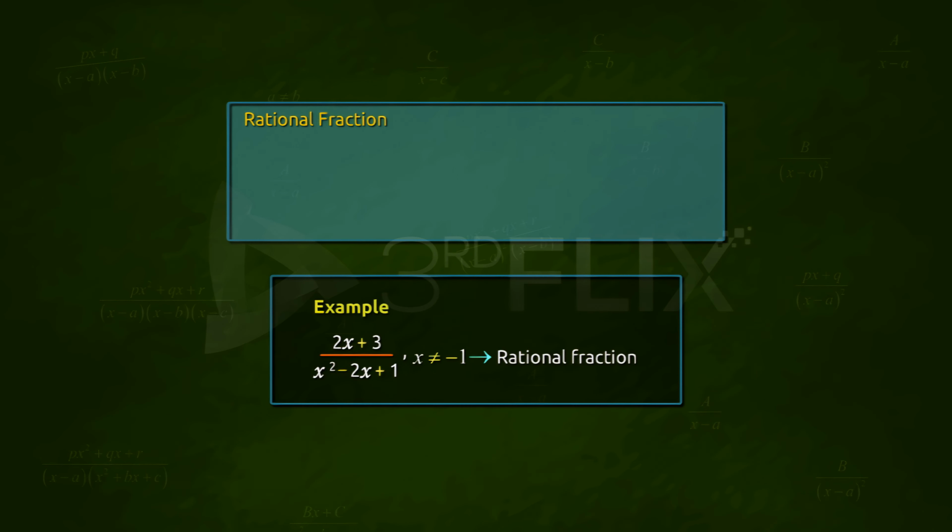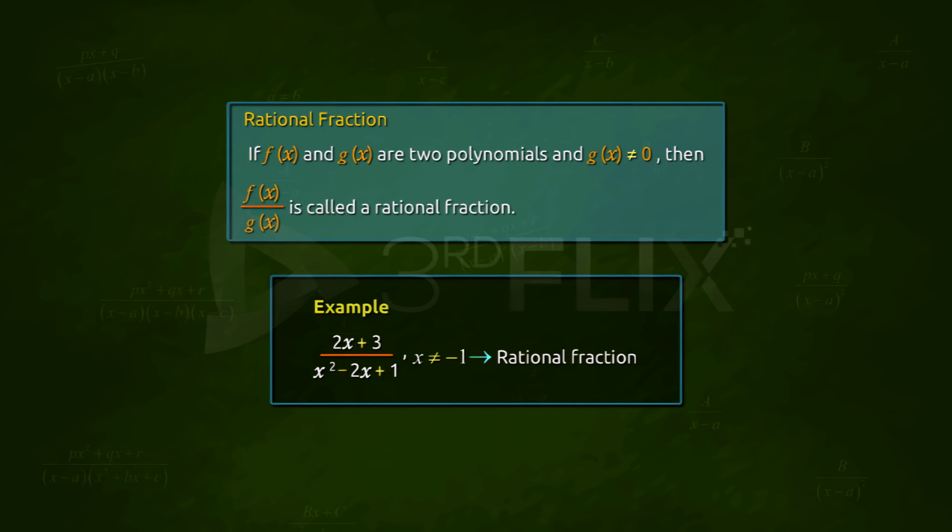The definition of rational fraction is: if f(x) and g(x) are two polynomials and the denominator g(x) is not equal to 0, then the ratio f(x) by g(x) is called a rational fraction.